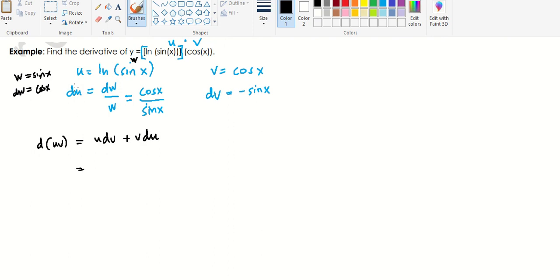So, ngayon, since alam na natin yung mga u, dv, v, and du, we will just substitute it. Ang u natin is ln sin x. Ang dv natin is negative sin x. Plus, ang v natin is cosine x. And our du is cosine x over sin x.